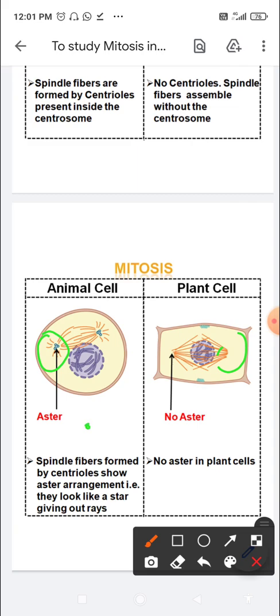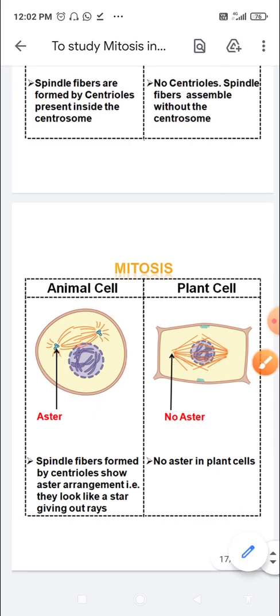So that's a centriole and something like this, right? That is the aster formation. So that's about all the phases of mitosis in animal cells. And of course you must remember that the two cells that are formed are diploid cells in mitosis.